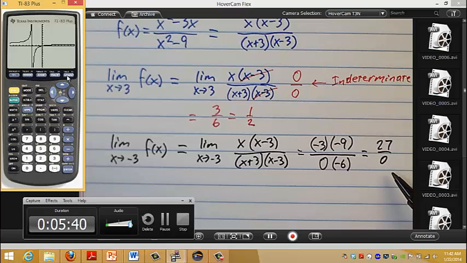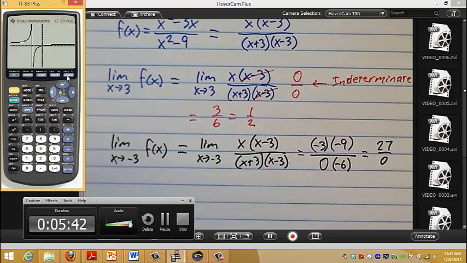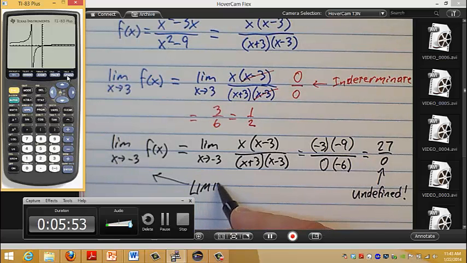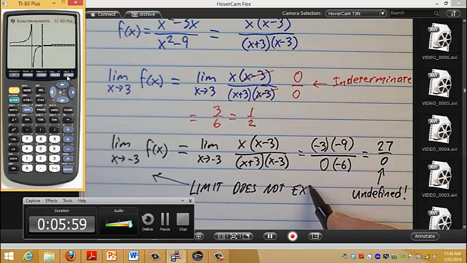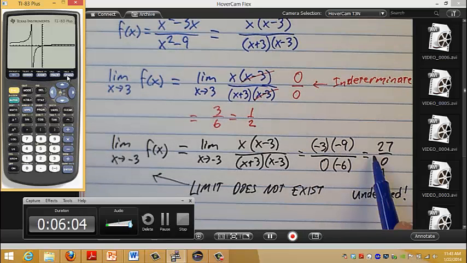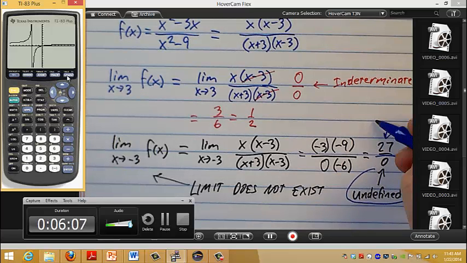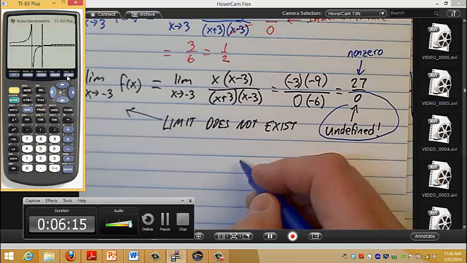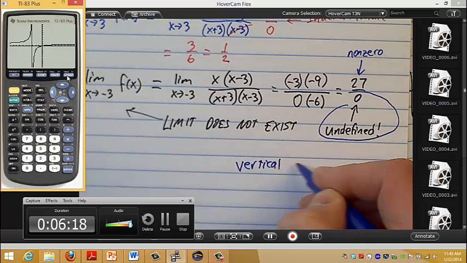No good. This, we know, is undefined. And what that implied was this limit does not exist. But I want to say one more thing about it. If you get a 0 in the denominator and you get something non-zero here, that actually means something about the graph. And what it means about the graph is you're going to have what's called a vertical asymptote.